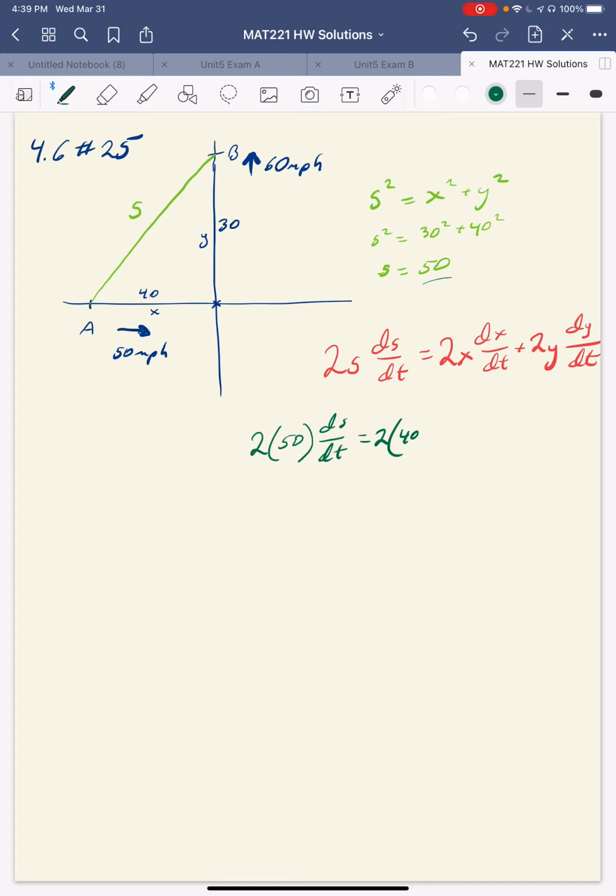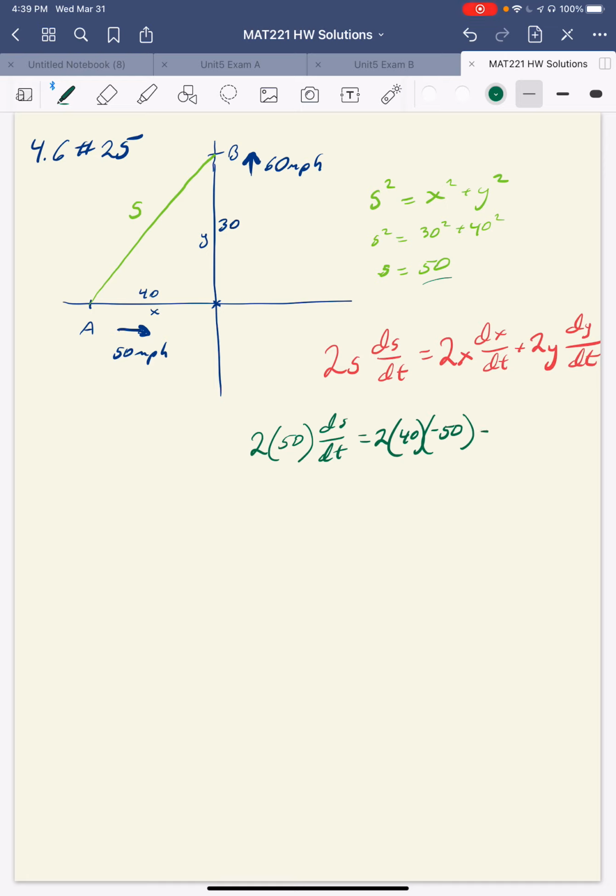We know we're 40 miles away from the intersection. And dx/dt is actually negative 50. The reason it's negative is because I'm getting closer to the intersection, so the distance between me and the intersection is reducing. It's getting smaller by 50 miles per hour, so I know that it is a negative.